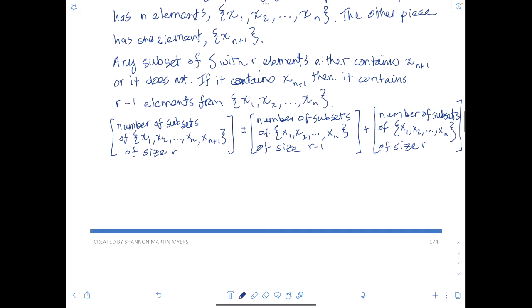So the set x1, x2, dot, dot, dot, down to xn, and then including the x sub n plus 1, has n plus 1 choose r subsets, right, of size r.